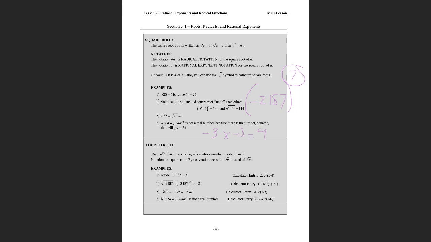Positive 9. Times negative 3, what does that give me? Negative 27. So you see it? Negative 3 times negative 3 times negative 3 will give you a negative number, negative 27.